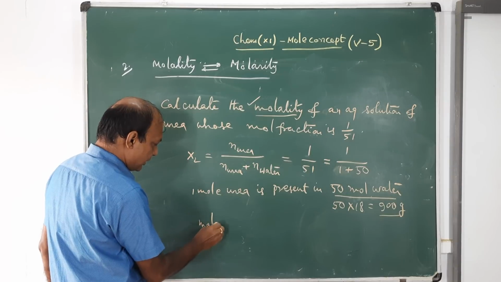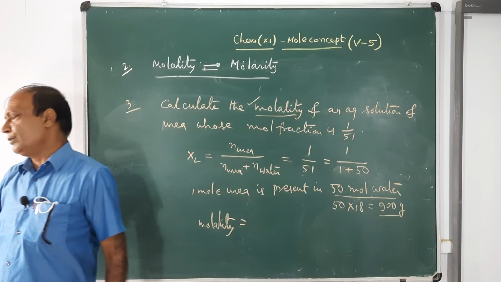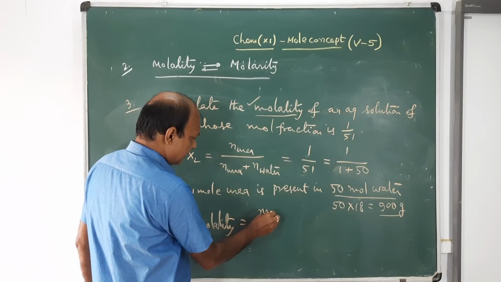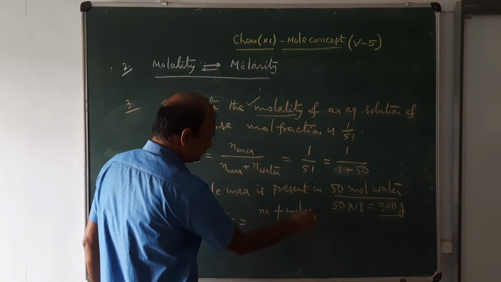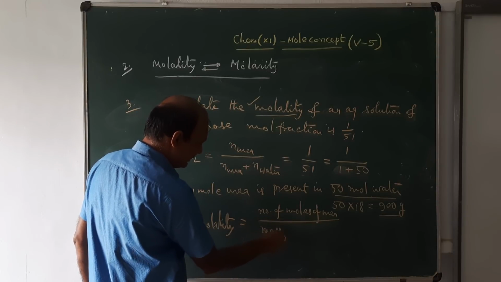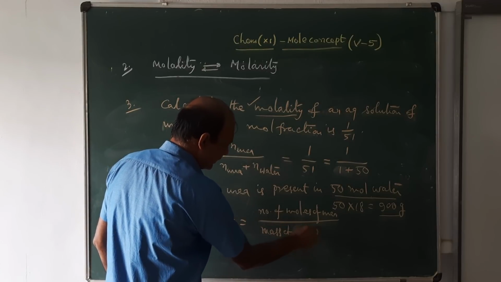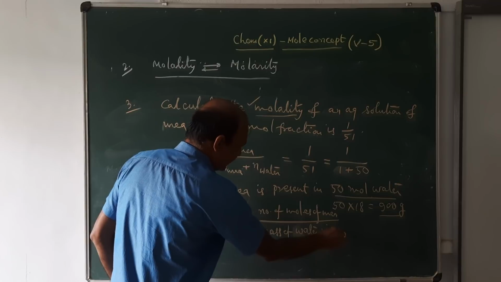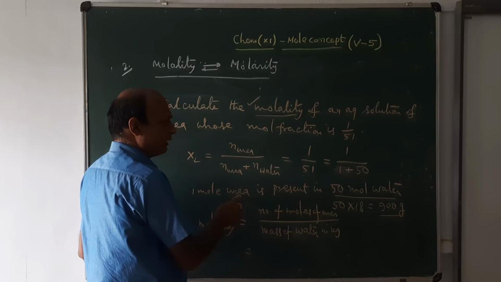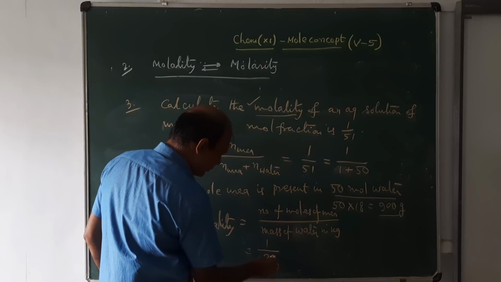So you can write molality equals number of moles of urea by mass of the solvent in kg, mass of water in kg, because here water is the solvent. Directly you can write number of moles of urea is 1, because we have taken 1 from this one. 1 by mass of water in kg, 900 gram, 0.9.